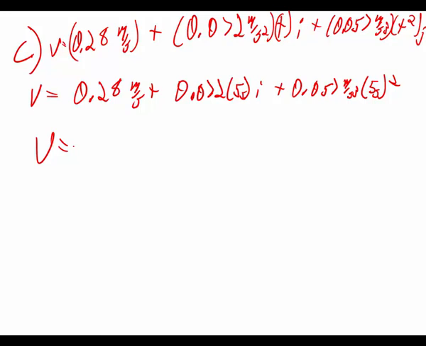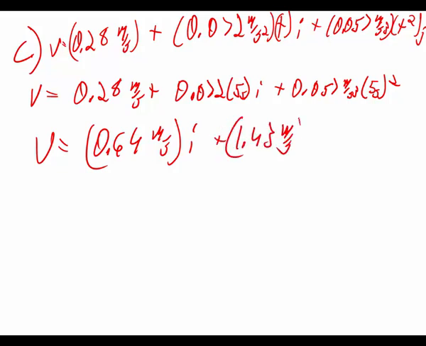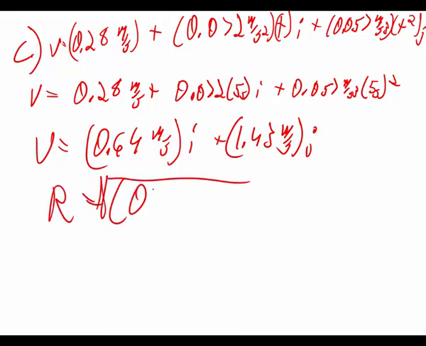Oh, yeah. 0.64 meters per second i plus 1.43 meters per second j. Now we got to do what? Yep, very good. Why do these things have to be so dang long? All right, plus 1.43.